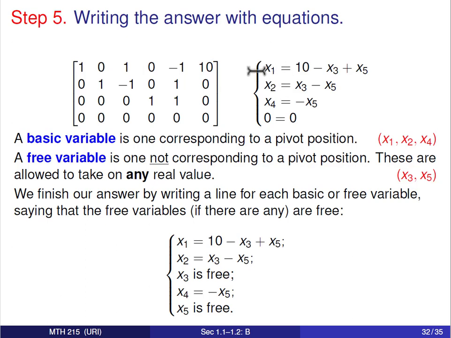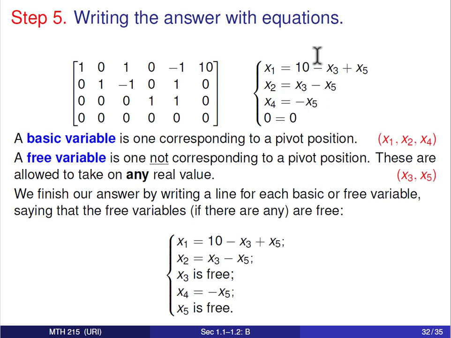We'll get that x1 is equal to 10 minus x3 plus x5. The next basic variable is x2, and if I solve that second row's equation for x2, I'll get that x2 is equal to positive 1 x3 minus x5. And likewise, x4, our last basic variable, corresponds to the equation x4 equals minus x5.